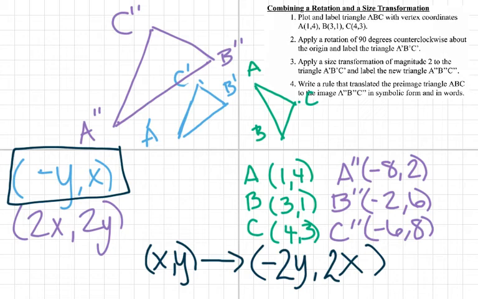The rule says that I'm going to take my y coordinate and multiply it by negative 2. So 4 times negative 2 is negative 8. So check, that works. And then at the very end, I had 2 times x. 2 times 1 is 2, so that works also. And then you could just check with all the other coordinates. Just make sure that the rule you choose actually works with every coordinate, or that's not the right rule.